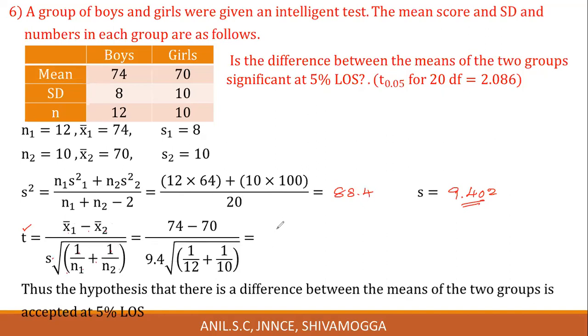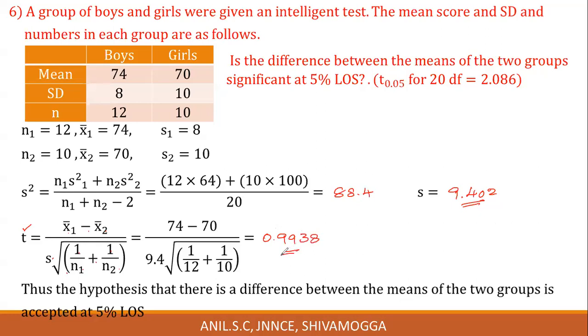You have all the values, substitute and simplify. 0.9938.